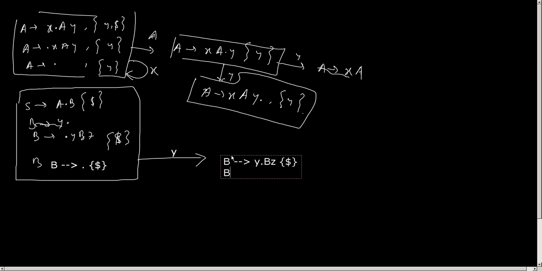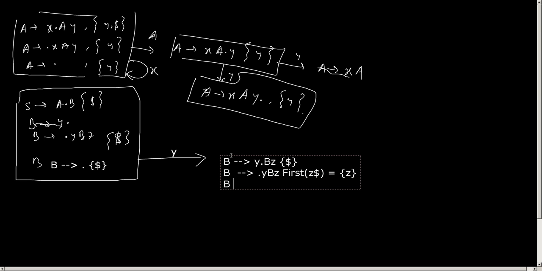Similarly, using the closure operation, it will be B → .YBZ, and what will be the look ahead symbol? It will be first of Z dollar, and hence it will be only Z. Understood?